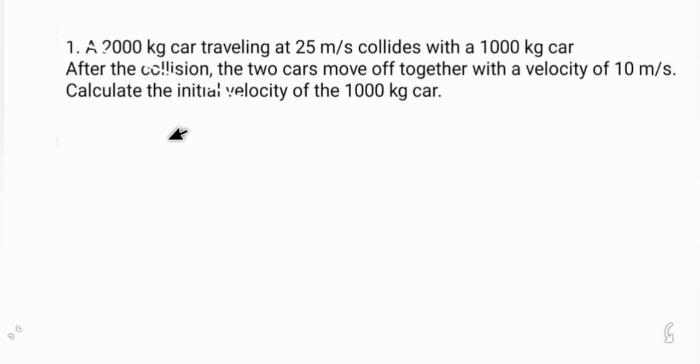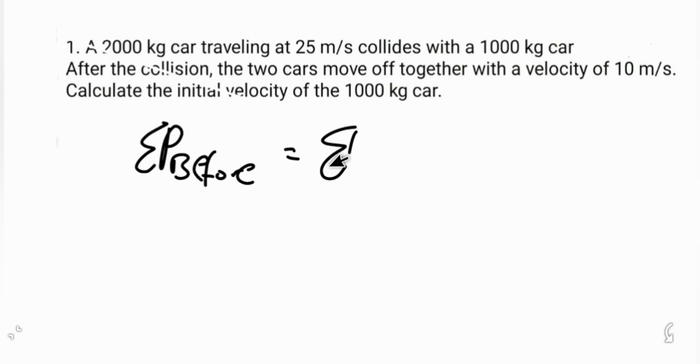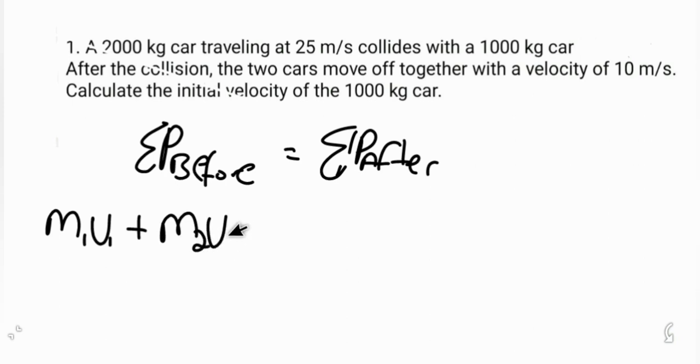Now we have two objects colliding. Then the sum of momentum before collision will be equal to the sum of momentum after collision. Since we have two objects, the momentum of object number 1 plus the momentum of object number 2 before collision will be equal to, since these objects stick together after collision, they will have the same velocity.